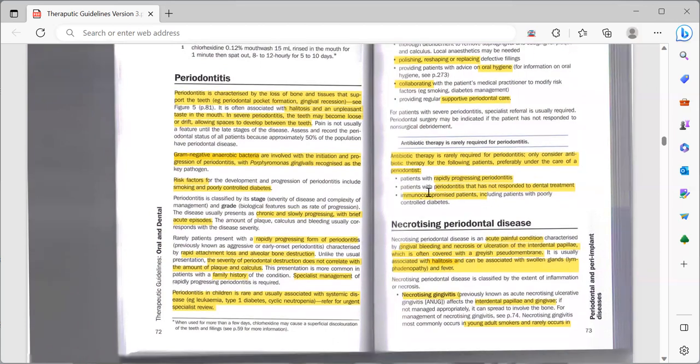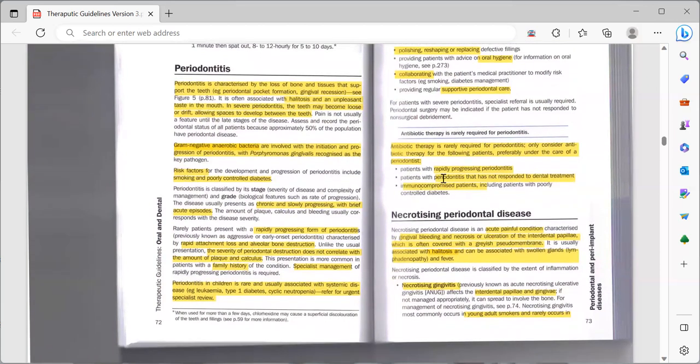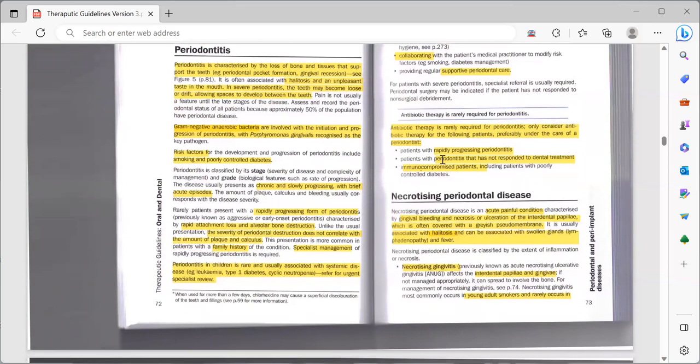Okay. So, the cases where specialists may need to prescribe antibiotics for periodontitis are patients with rapidly progressing periodontitis, patients with periodontitis that has not responded to dental treatment, and immunocompromised patients, including patients with poorly controlled diabetes.